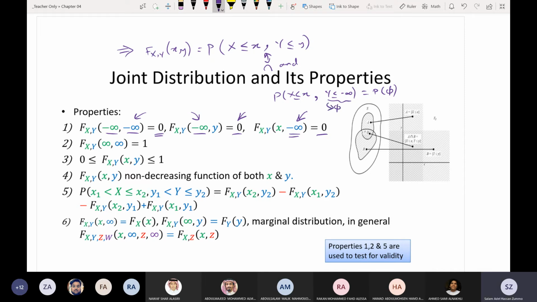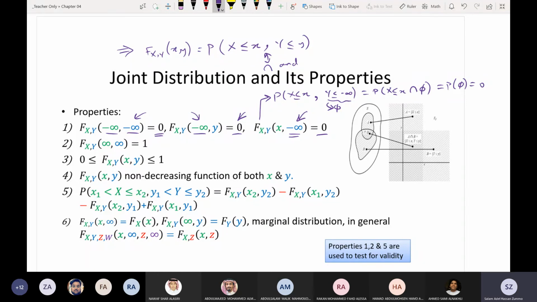So the probability of phi intersection with anything is what? 0. Let's write it in detail: less than or equal x and phi. And this is equal to the probability of phi, which is 0. Okay.